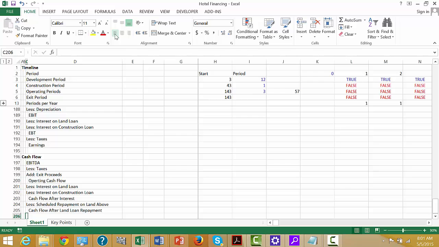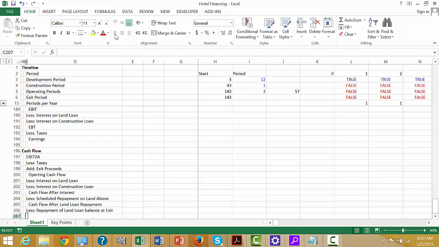Now, it's possible that we have to then make repayment of land loan balance at exit. Now then we can put cash flow after land loan repayment.